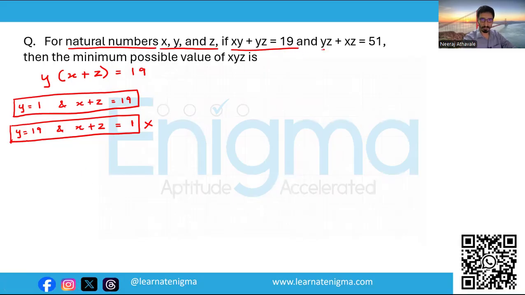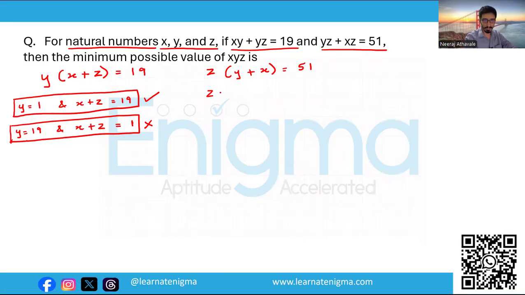Now let's take the second equation. yz plus xz is equal to 51. From here we can take z common and it will become z times (y plus x) is equal to 51. Now the factors of 51 are 1 into 51.